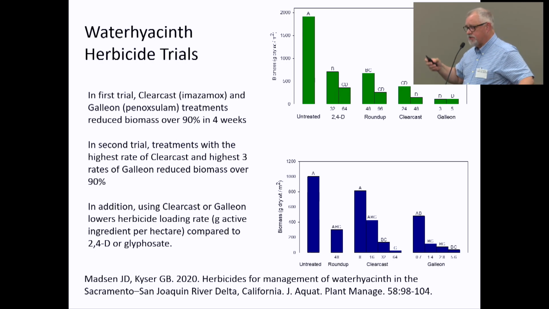In the first test, it was at the full label rate and half label rate. And we found we could get effective control with not only the 2 currently used herbicides at that time, 2,4-D and Roundup, 2,4-D and glyphosate, but also imazamox, Clearcast, and Galleon.